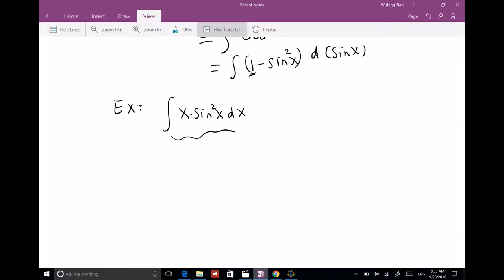I'll give you a hint: you have to do integration by parts, and also the power reduction formula. I'll give you this one to practice. Please practice this one. I'll give you 2 minutes to see if you can finish it. First the power reduction formula, then integration by parts.